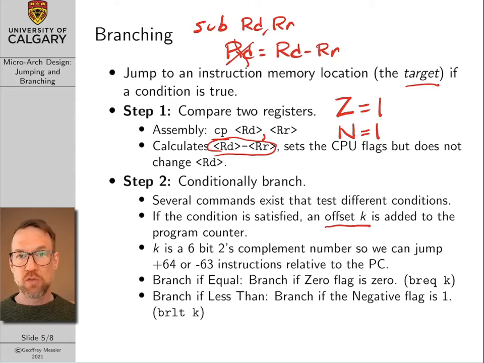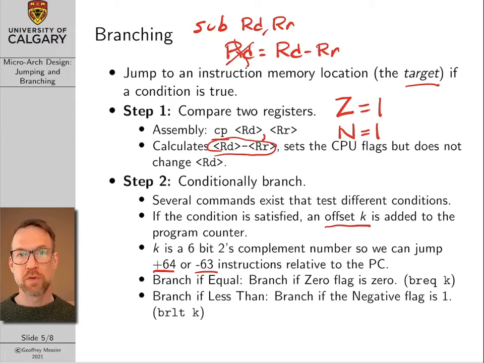That means we can jump down in the instruction memory address space, or we can jump up in the instruction memory address space. K is a 6-bit 2's complement number, so we can have a jump offset of between plus 64 or minus 63 relative to the current location in the program counter.